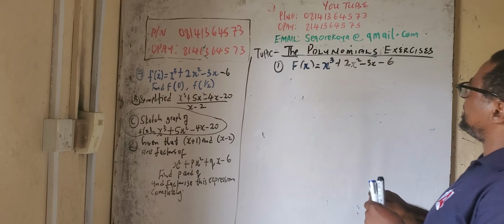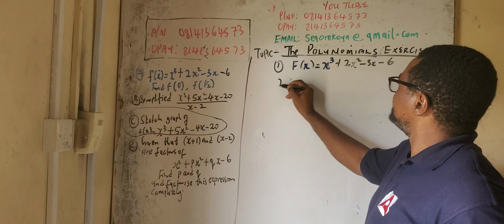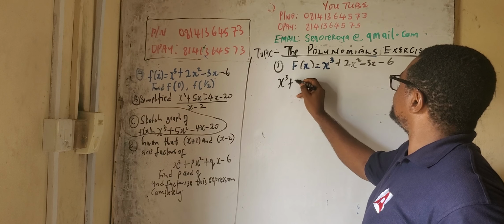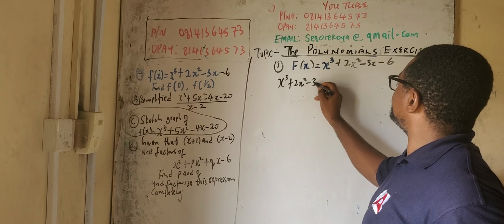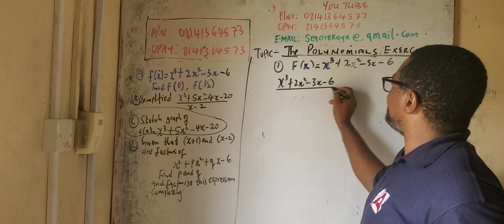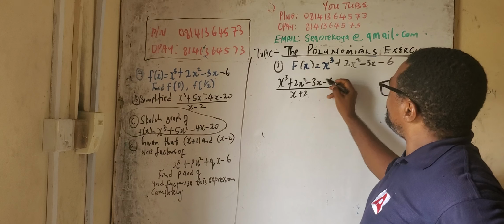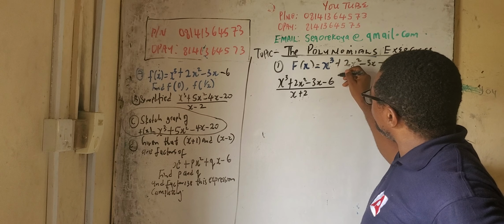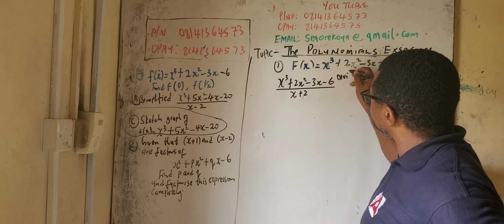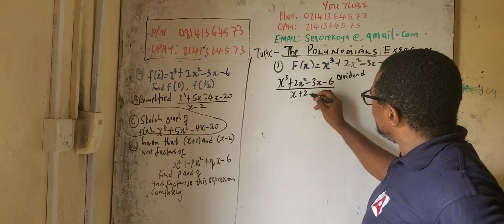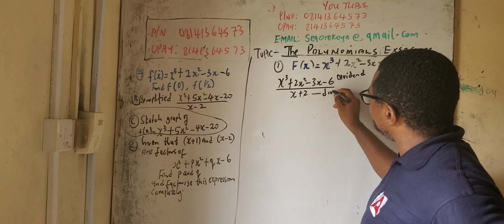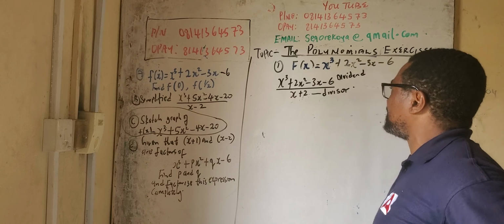So what we are trying to say is that we want to get x cubed plus 2x squared minus 3x minus 6 divided by x plus 2. What we have on top here is called the dividend. What we have down here is called the divisor. Please take note of that.